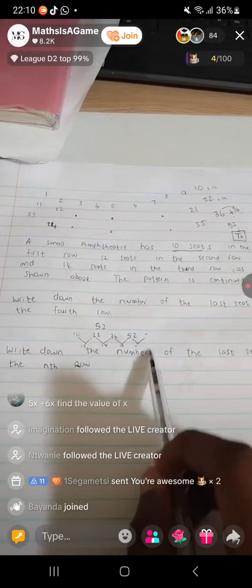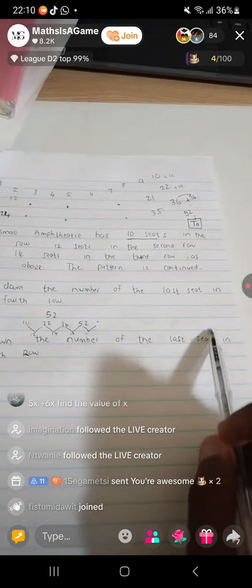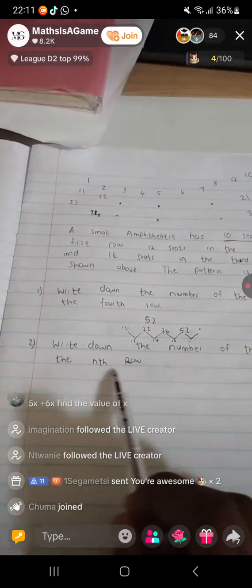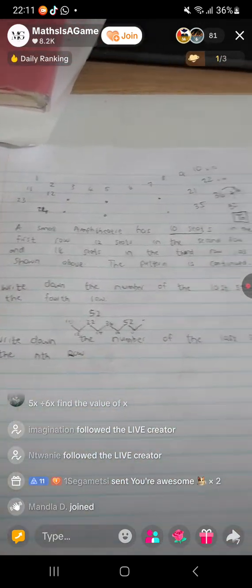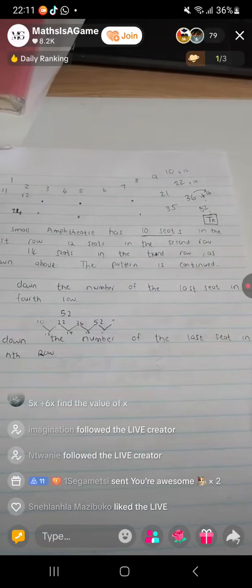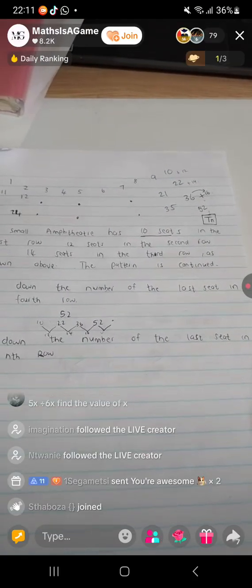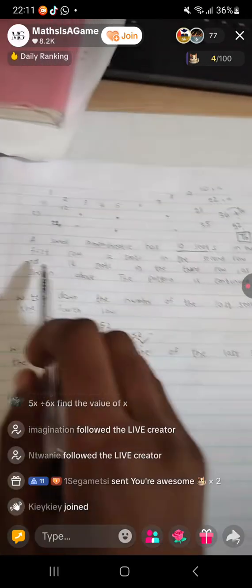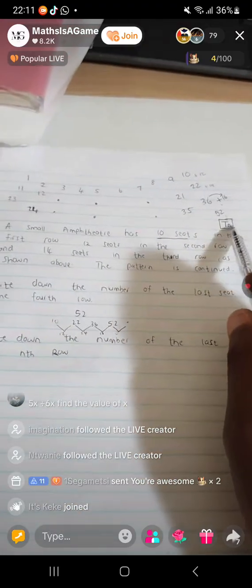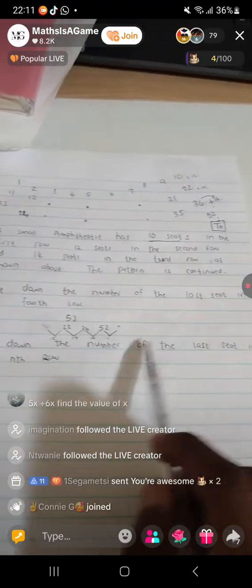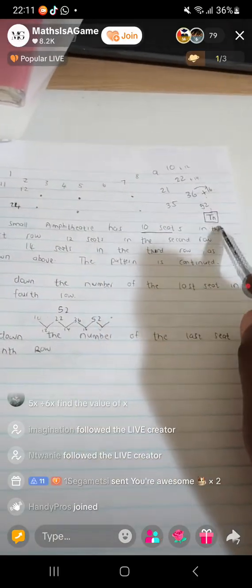There's a row called the nth row, and they want the number of that last seat in the nth row.